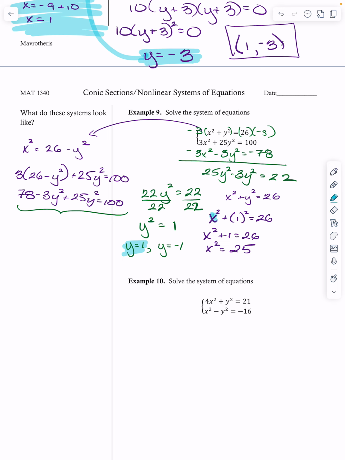So we have to consider the same thing. If I want the numbers that make this true, the x's, x could be 5 or -5. That means when y is 1, x could be 5, and when y is 1, x could be -5.